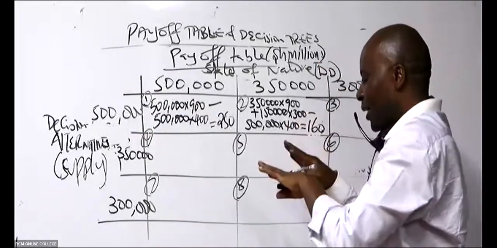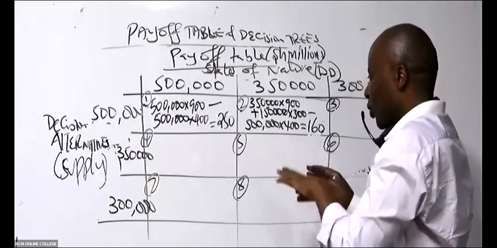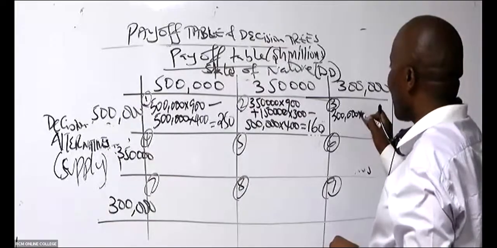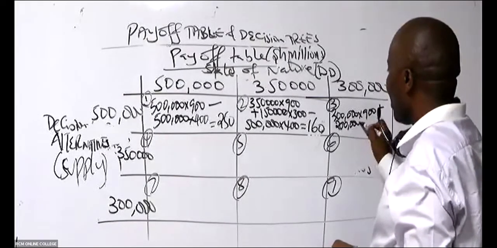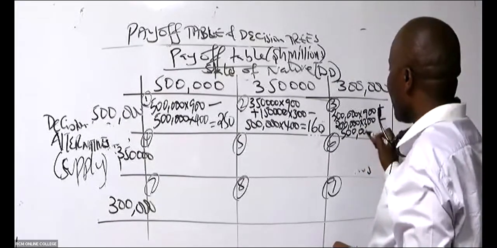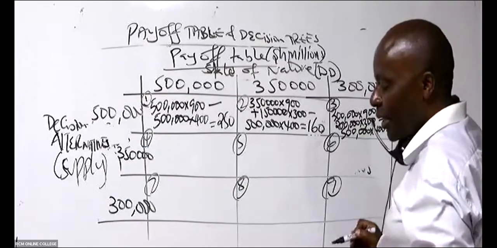So you compare demand and supply. The lower one is the effective one, what will be sold. So in this case, we sell 300 at the normal price of 900. But remember, these are the 200,000 which are perishing at 300, minus 500,000 times 400. This is what they did for them to get 130.